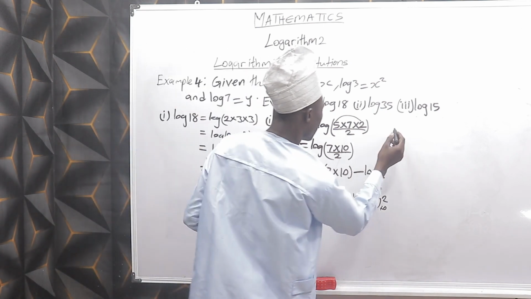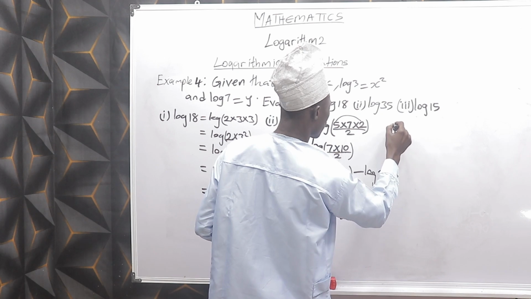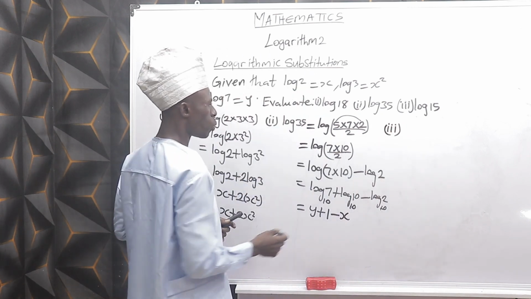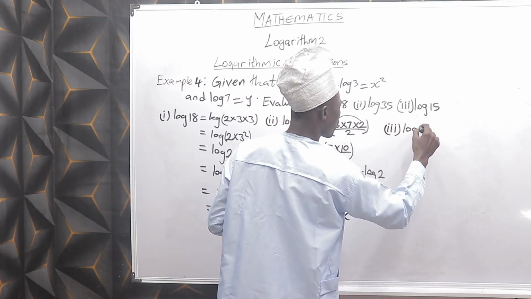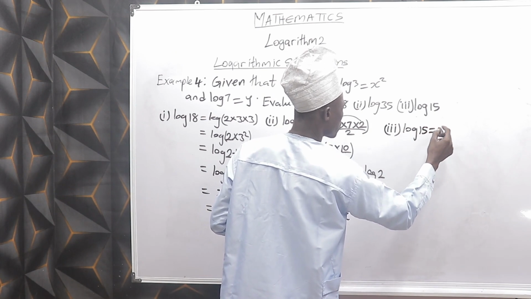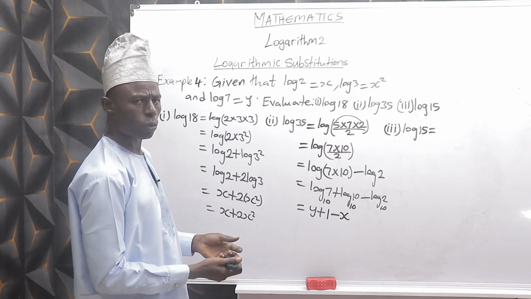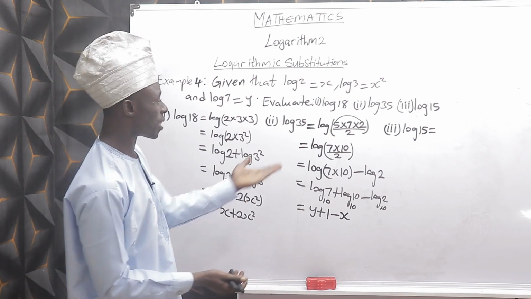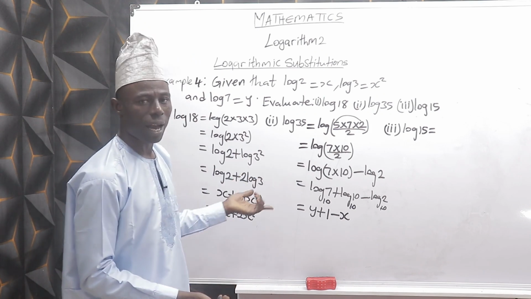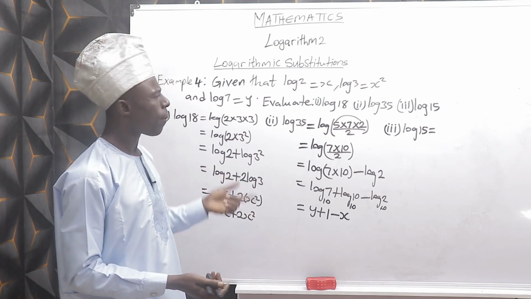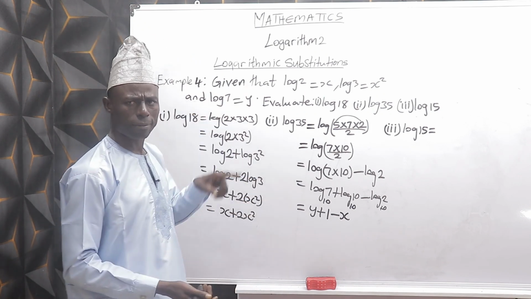So, the last one, Roman figure 3. Log 15. See, look at log 15. There's no way you break log 15 that you will not have 5. Still, the same challenge we face here. 3 times 5. You will have 5. But 5 is not given to us in the logarithm.